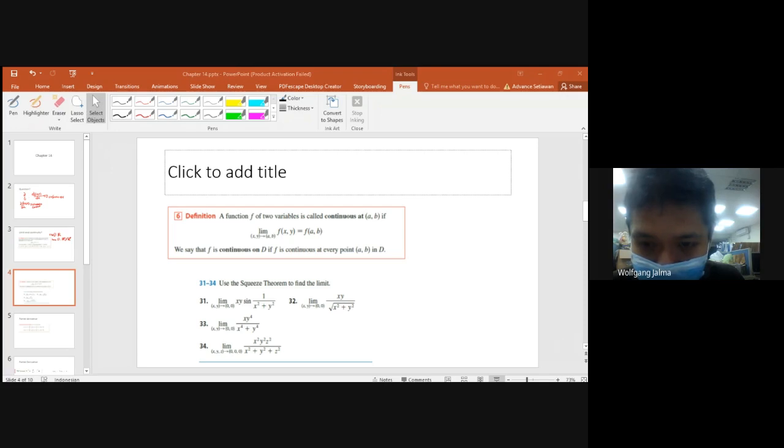Here, for example, let's say I draw something like this. At this point, as you can see, it is continuous in both x and y direction.